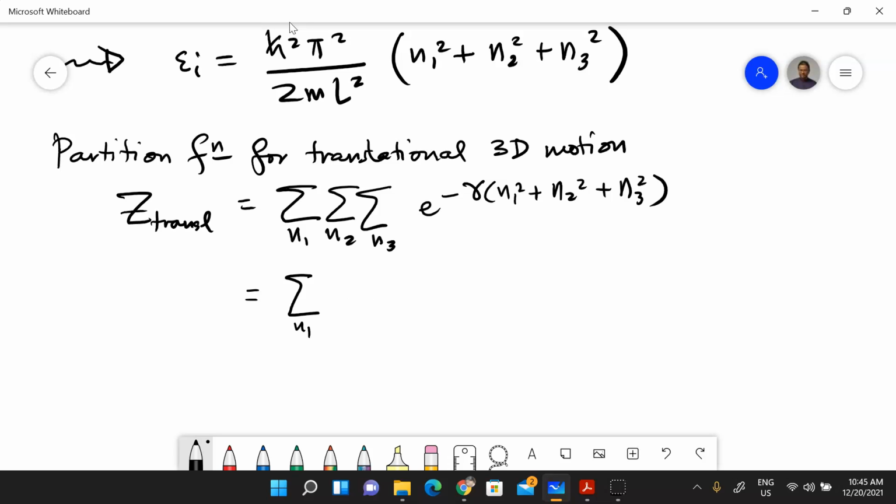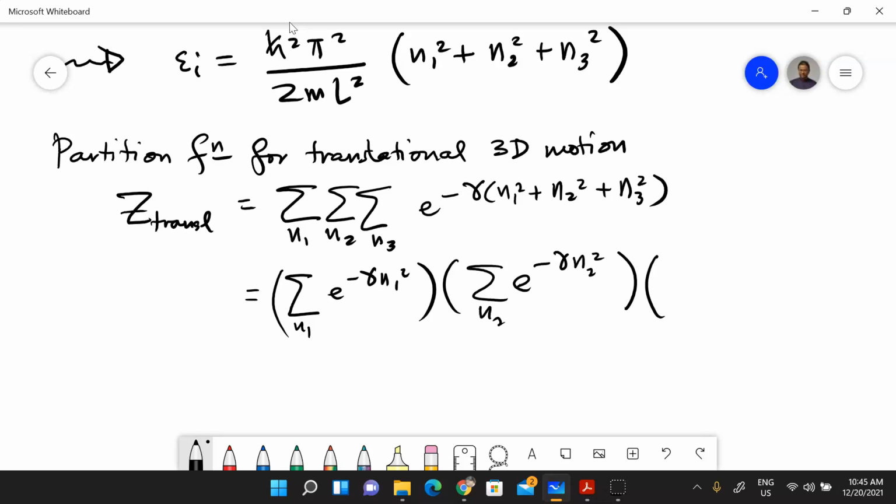So here is your translational partition function in the x direction, for example. Then the second one is the partition function for translational motion in the y direction, and finally for your z.